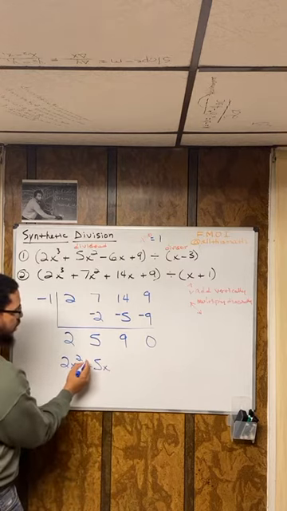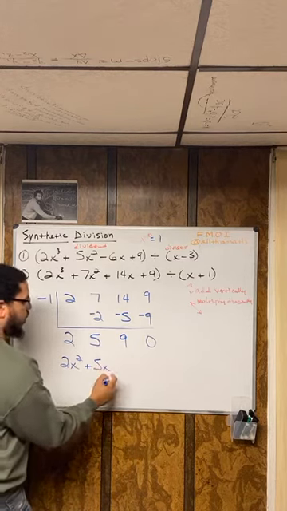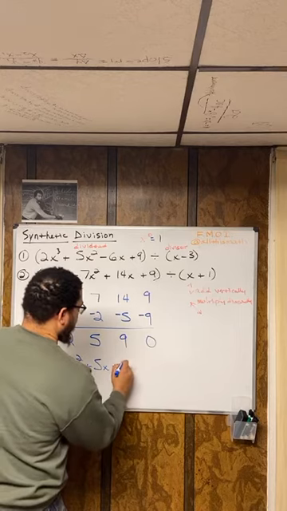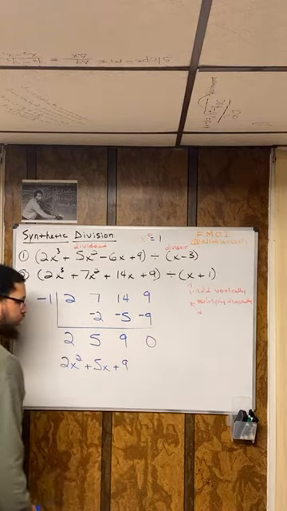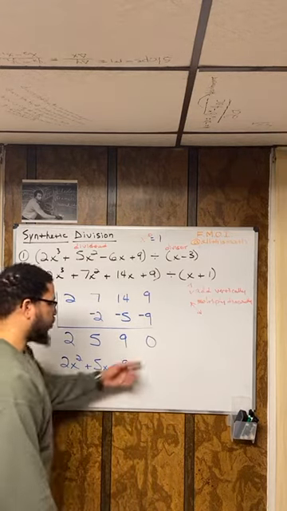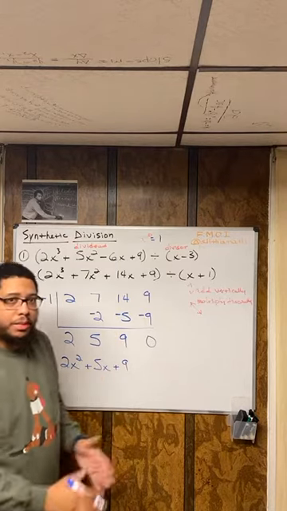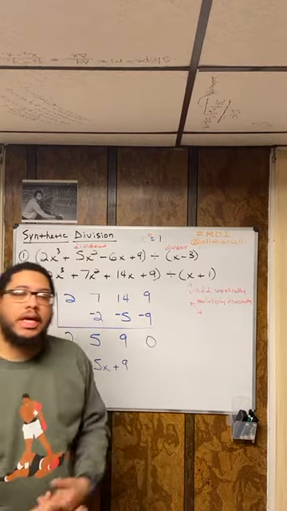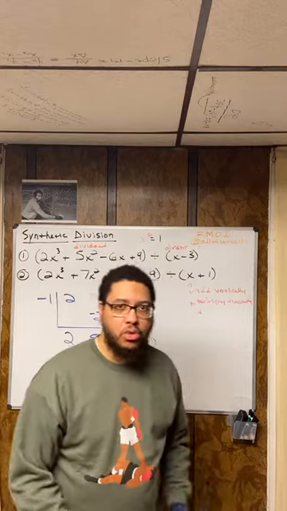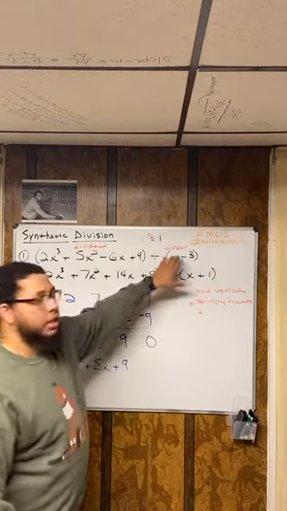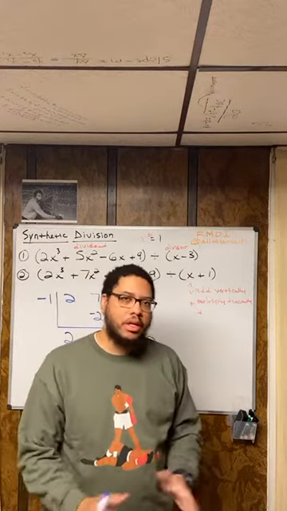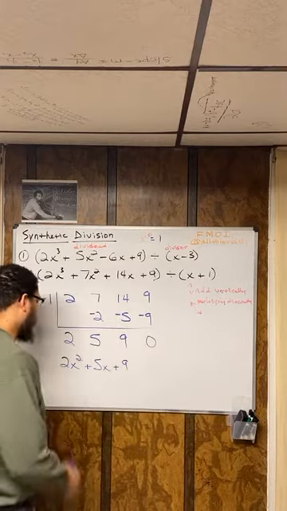And they go in descending order. That's a 2, that's a 1, and this is going to be 9x to the 0 power, which is just 9. And then your remainder is 0. So if your remainder is 0, that essentially means there is no remainder. So we don't have to worry about doing what we did in the last problem with the fraction and everything. We don't have to do that. So this will be our answer.